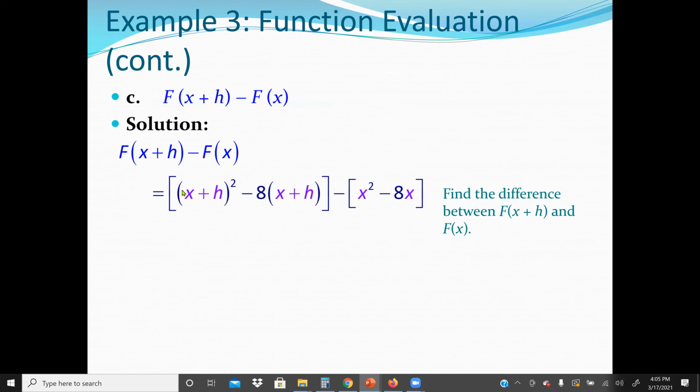So here we can again remove the parentheses, which will give me minus x squared plus 8x. So we combine the like terms: x squared will cancel minus x squared, and minus 8x will cancel plus 8x. And I think that's it. So we get 2xh plus h squared minus 8h, and that will be our final solution.